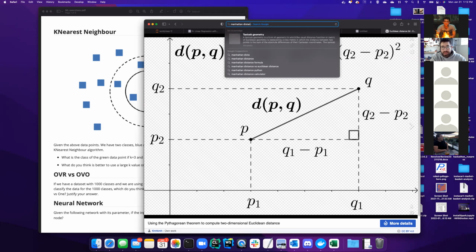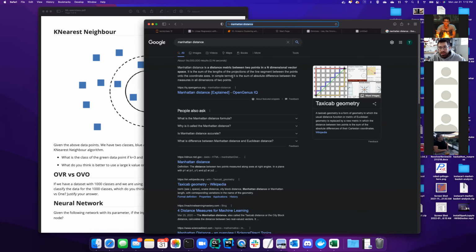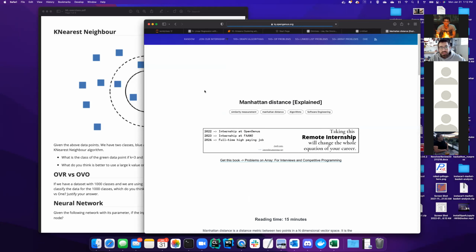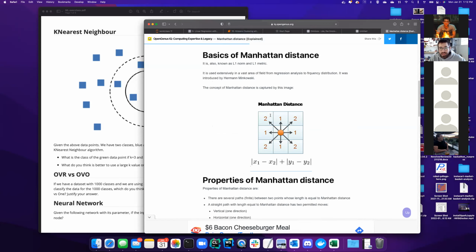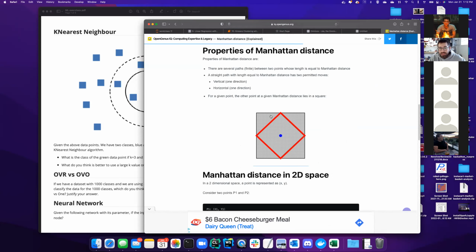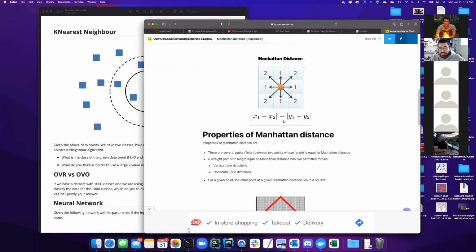You have other distances, like the Manhattan distance, for example. I think the Manhattan is not the one for binary data, but the Manhattan distance is about the difference in the points.